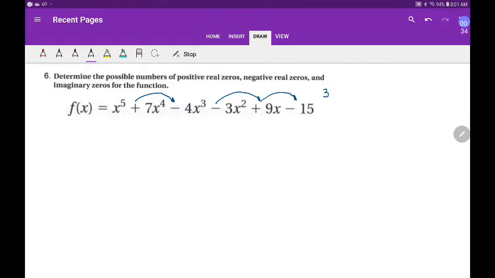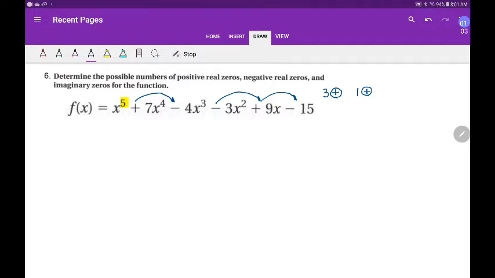So I'm saying that there are three possible positive real zeros. May not be, but by the way, it makes sense. I have x to the fifth, so I have three. I mean, they could have all been positive possibilities, but the most I can have is three, or the other possibility is that I have one positive, okay?